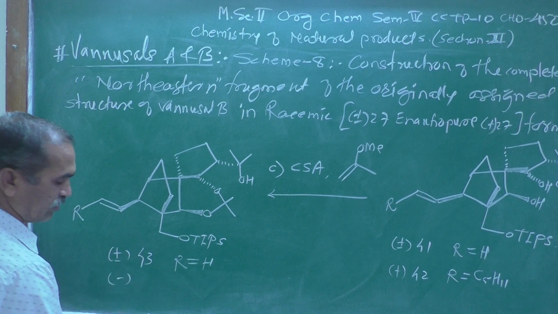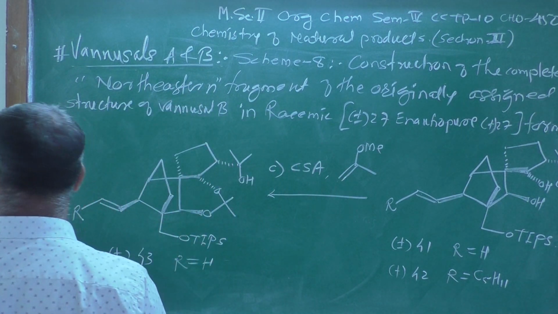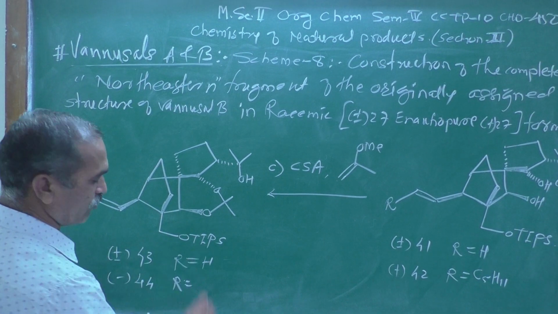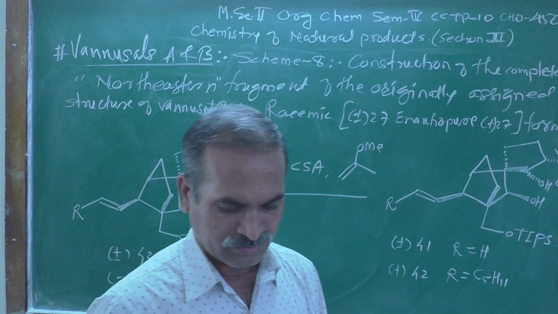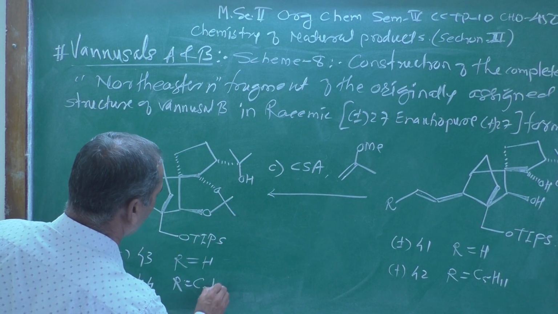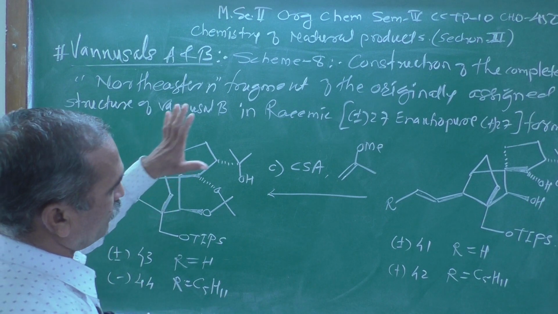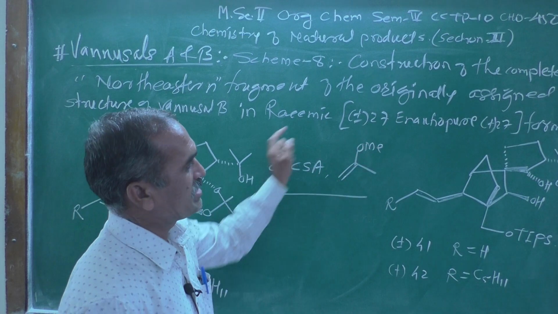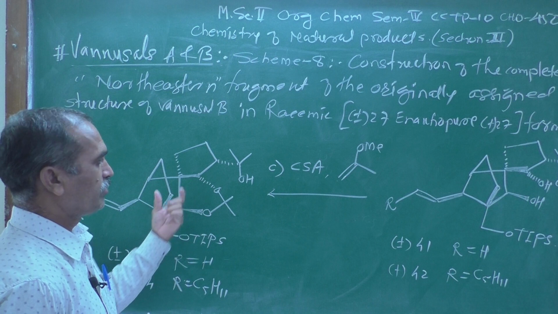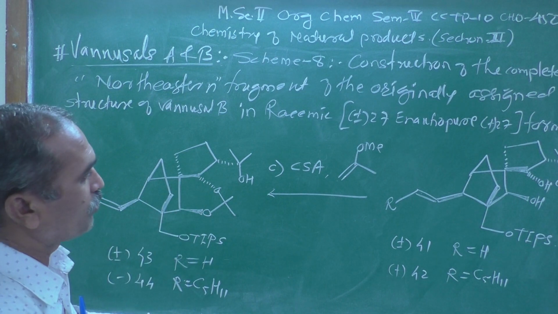And the levorotatory compound, that is compound 44, when R is equal to C5H11. When we added these reagents, we are getting 1,3 protection of the diol.